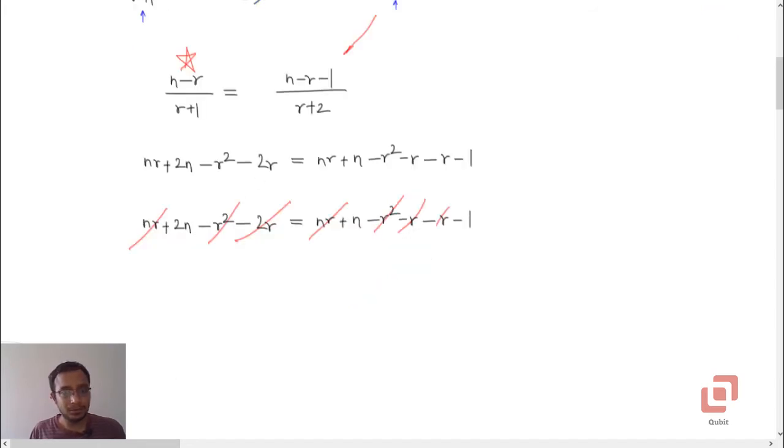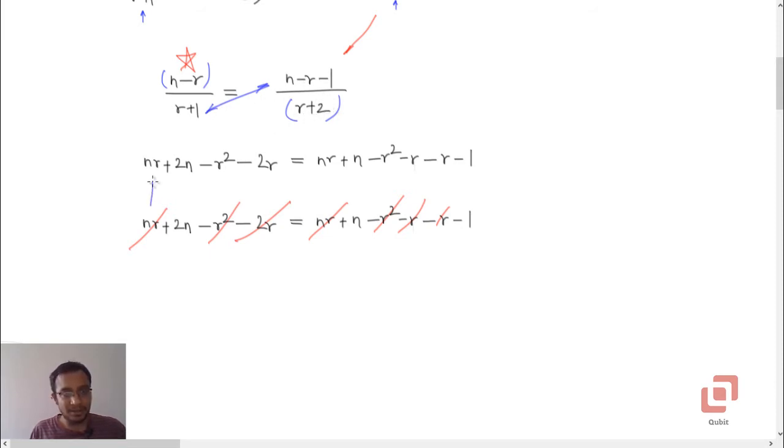Cross multiplication leads to: (r+2) into the first, so nr plus 2n minus r squared minus 2r, and then on the right hand side, nr plus n minus r squared minus r minus r minus 1.